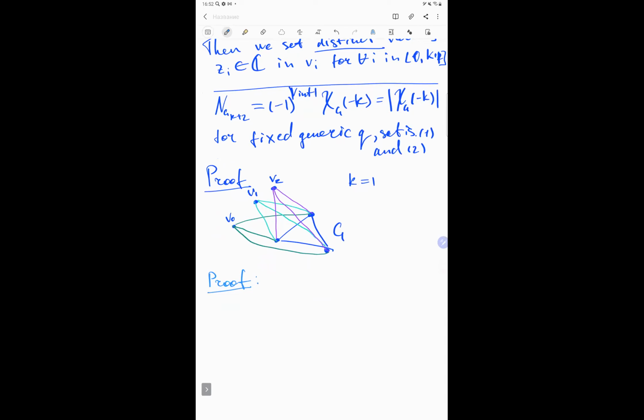Do you remember the Möbius transformation from the previous talk?